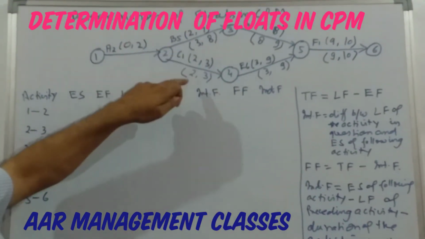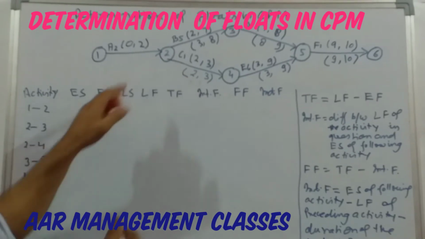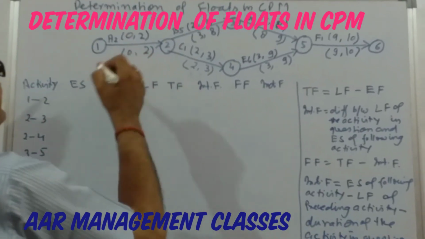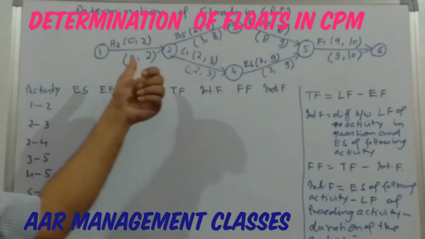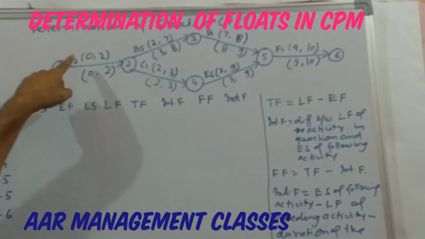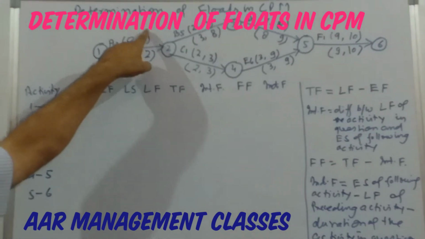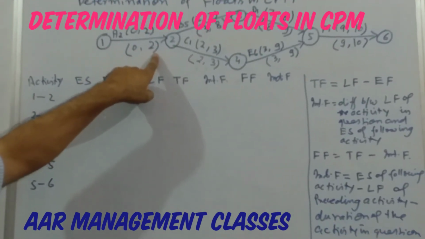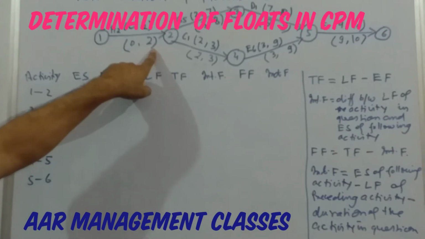And since in backward calculation we are to take the least one, here it is 2 and 0. That's how we could calculate earliest start, earliest finish and latest start, latest finish times for each activity.